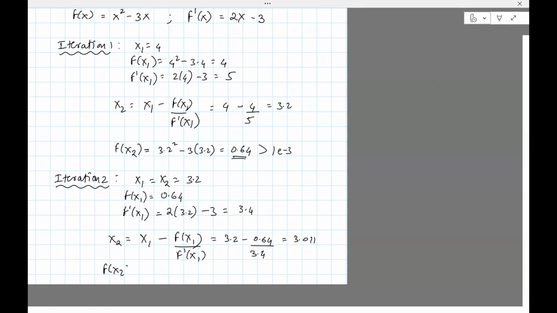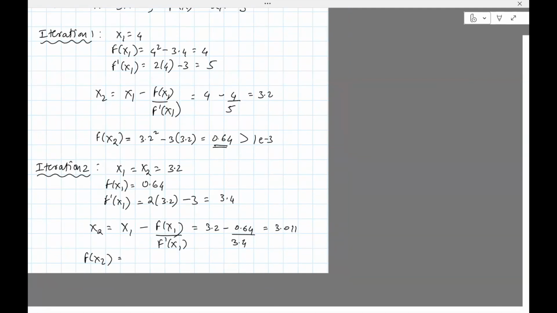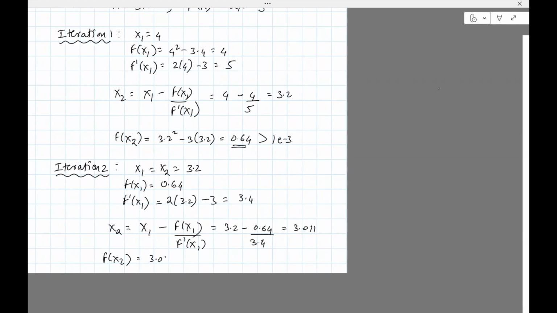And if you try to find what f of x2 is, it's 0.033, which is clearly greater than 1e negative 3. So we've not converged yet.